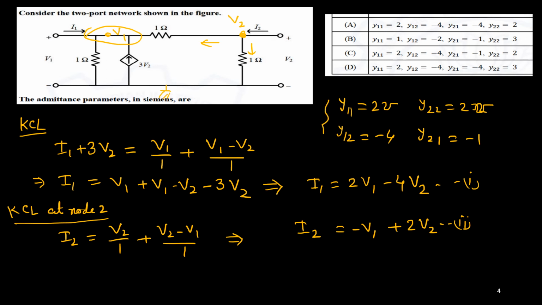These are the parameters we can extract by just comparing with the standard form. So this matrix of I1, I2 is 2, 2, minus 4, minus 1. You see the difference. Earlier we got 2, 2, minus 1, minus 1. Only this minus 1 is now becoming minus 4. So you see this C is the correct one that we guessed, no?